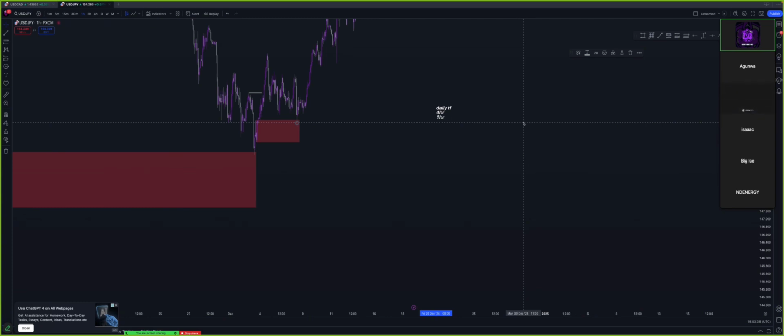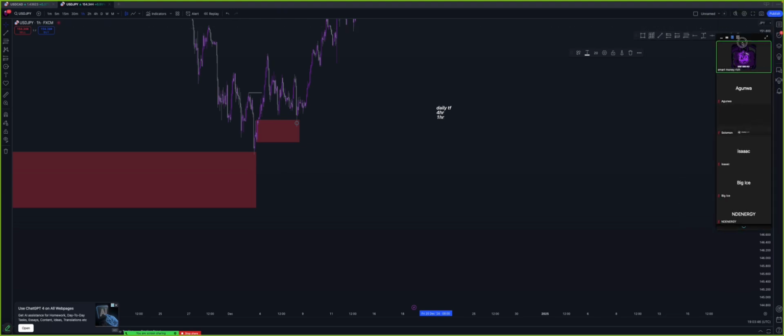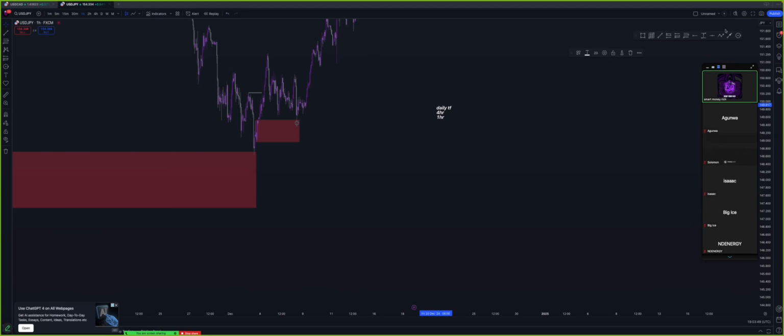And then once you pick your supply and demand on the higher time frame, let's say for example the market is doing this, right? Let's say the market is trending.